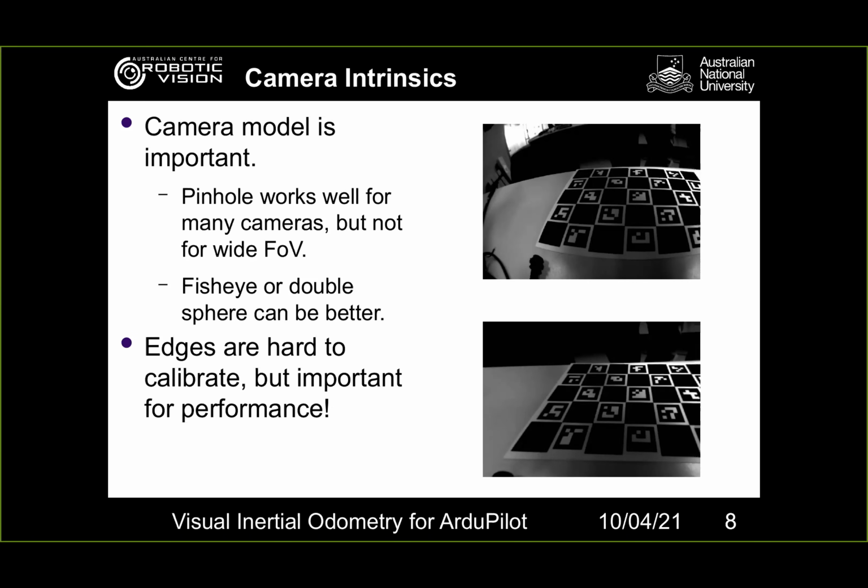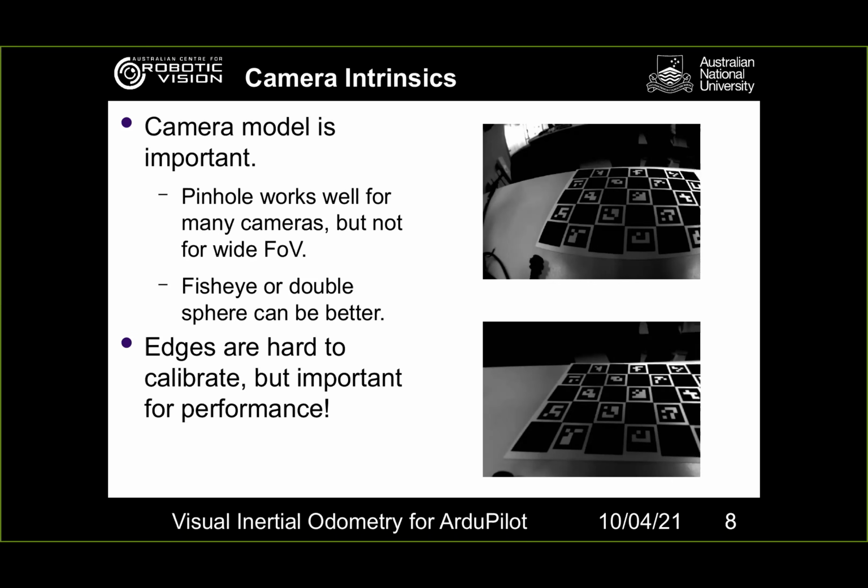There are other camera models which can do better, but they don't have quite the same number of calibration tools immediately available. That's why we've gone with pinhole for now. But investigating a fisheye camera model or a double sphere camera model, which is a nice piece of work from a few years ago, is one of the next steps as well.